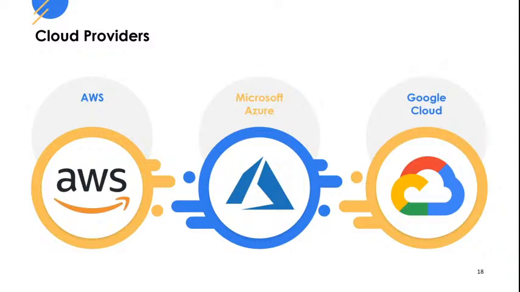So why have I mentioned only these three companies here? It's because they cover almost 80 to 90% of the cloud paradigm right now. And in this session we'll be discussing only AWS.